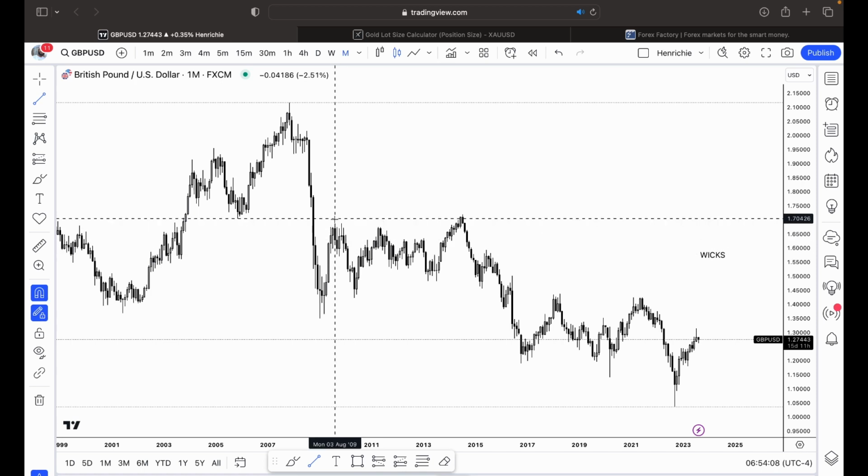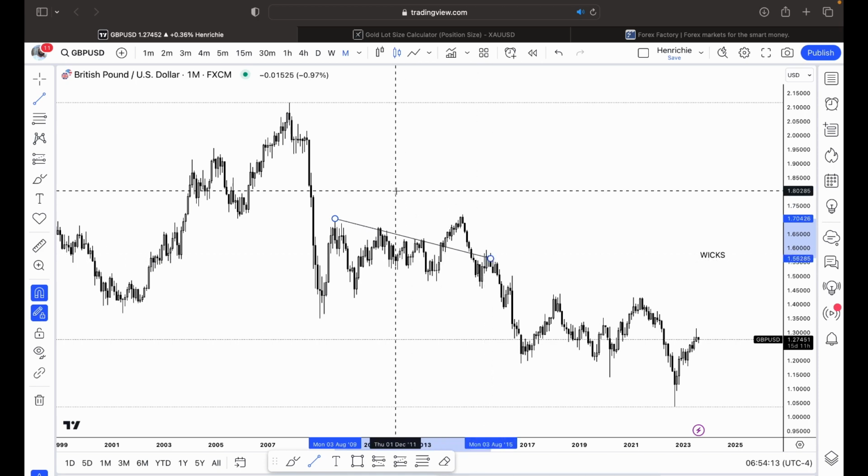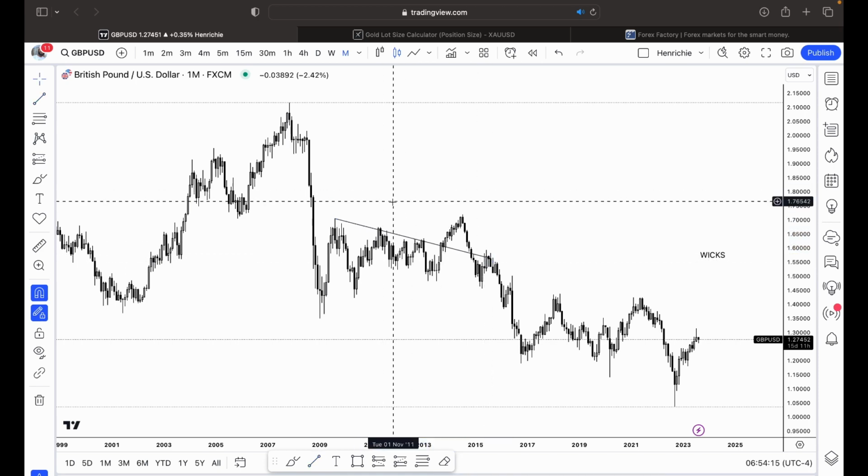So when I got into trading, I learned a lot of things like drawing trend lines, which a lot of people still do and they still make money out of it.